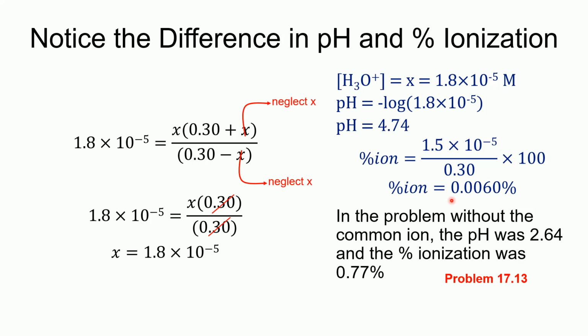Okay, so now we want to look at number 13, and number 13 is going to help us transition from this section to talking about the next section, and the next section is going to be talking about buffer solutions. So let's switch over to number 13.